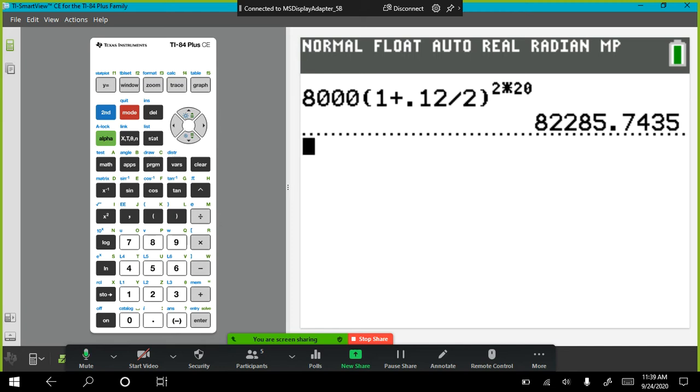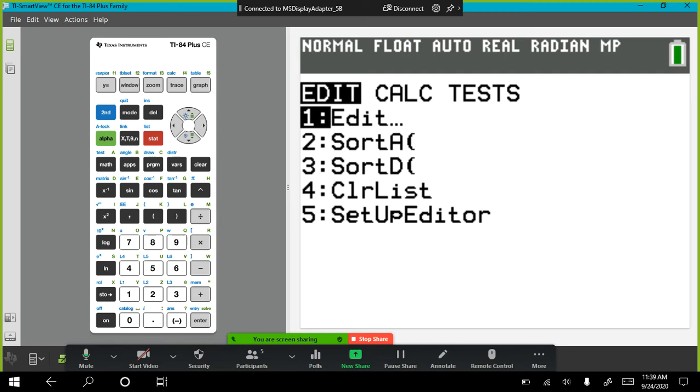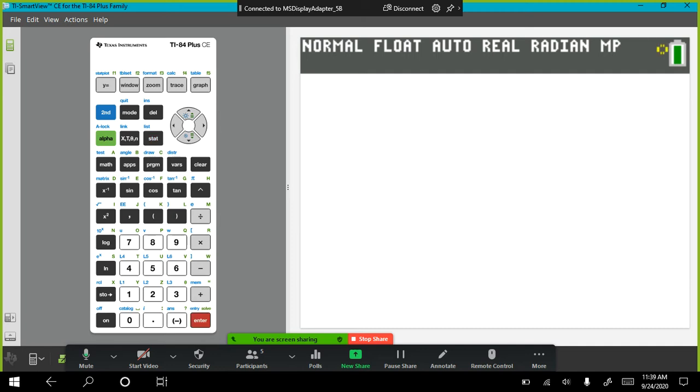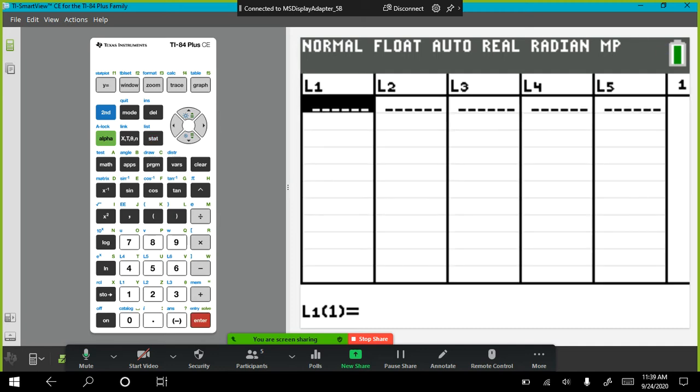Let's see. Stats. Yep, you hit the stats button on this calculator, and then it's the very first one, to edit. And I believe this is where we're going to enter the information.